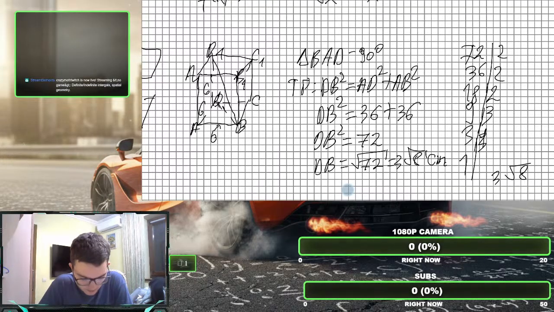And now I also know the height, and I want to know D1B, right?